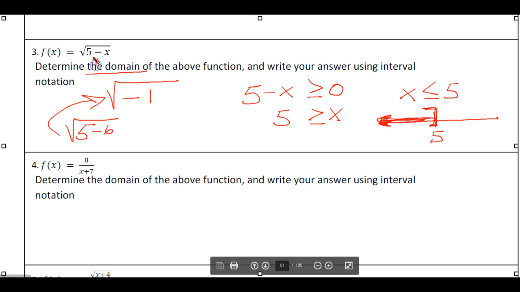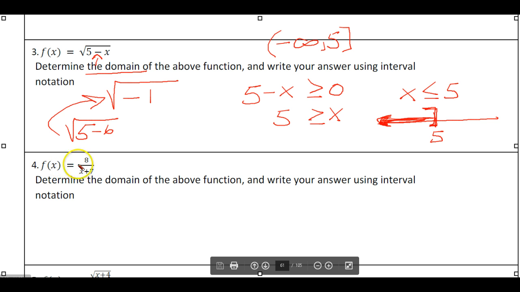Because of this negative sign right there. Any value of x that is negative, by saying the opposite of a negative, makes it positive. So in interval notation, this would go from negative infinity up to 5, and 5 is included in the set.